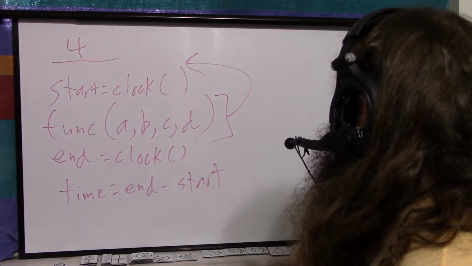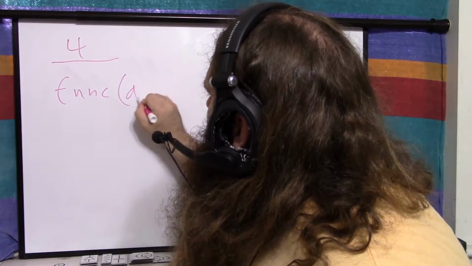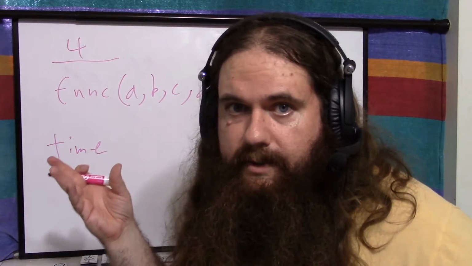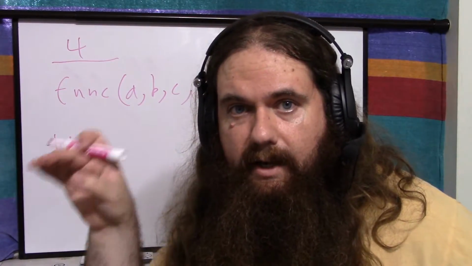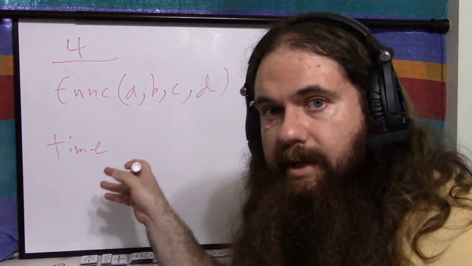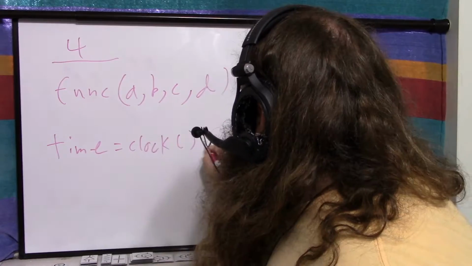So in other words, the code that the compiler generates is as follows. Func A, B, C, D, time, because start and end were just temporary variables. We care about the time, not the literal start and end time. All we care about is the elapsed time. So time was stored in RAM, start and end weren't. Time equals clock minus clock.